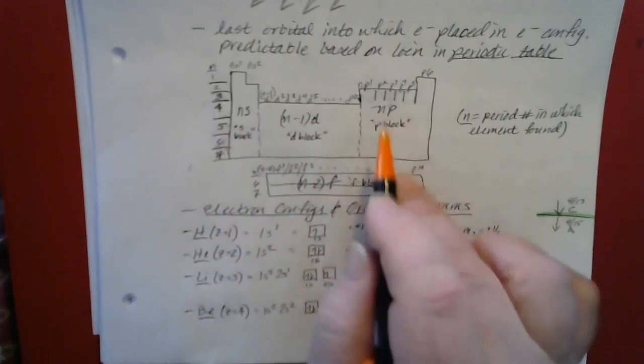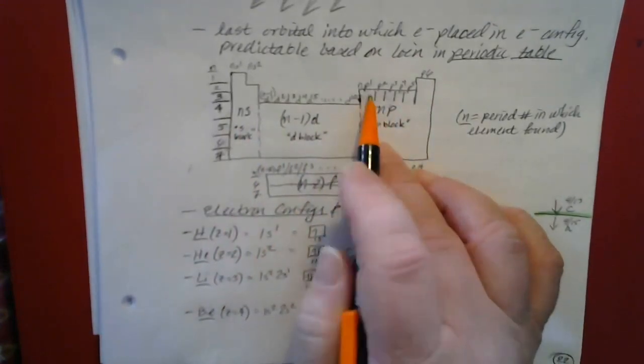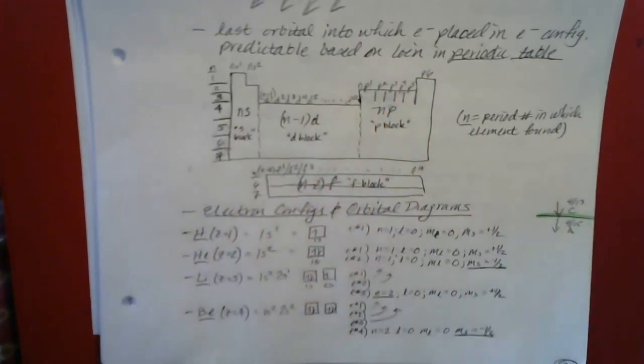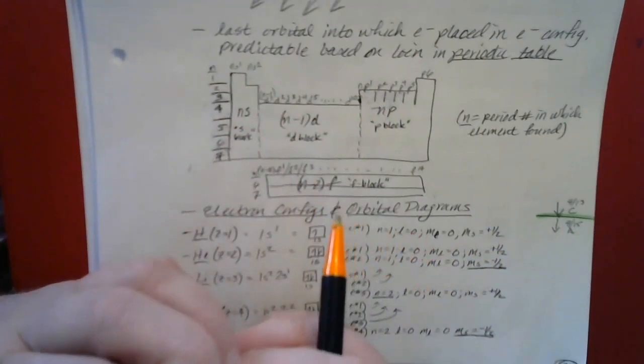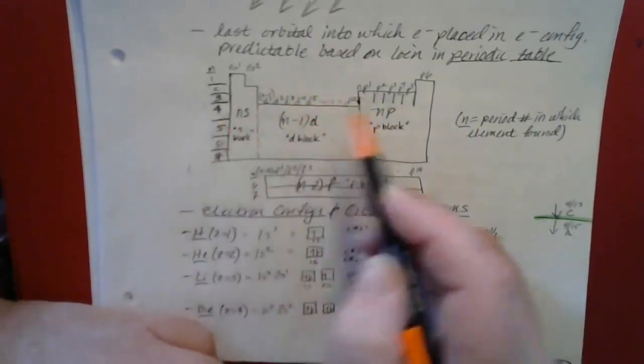The P block is the other part of the main part of the periodic table. When you get to the P block, that means that the last electron in the electron configuration, according to the Aufbau principle, will be in a p-type orbital of the valence shell, and the valence shell will match the period number.